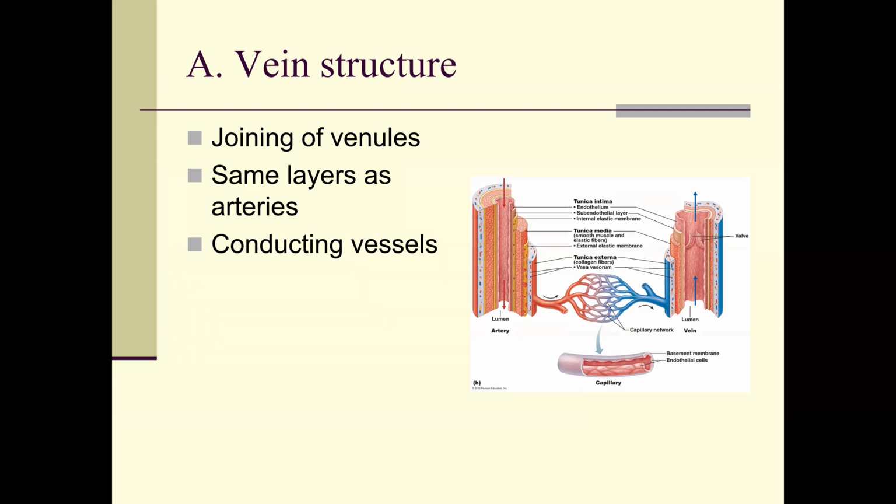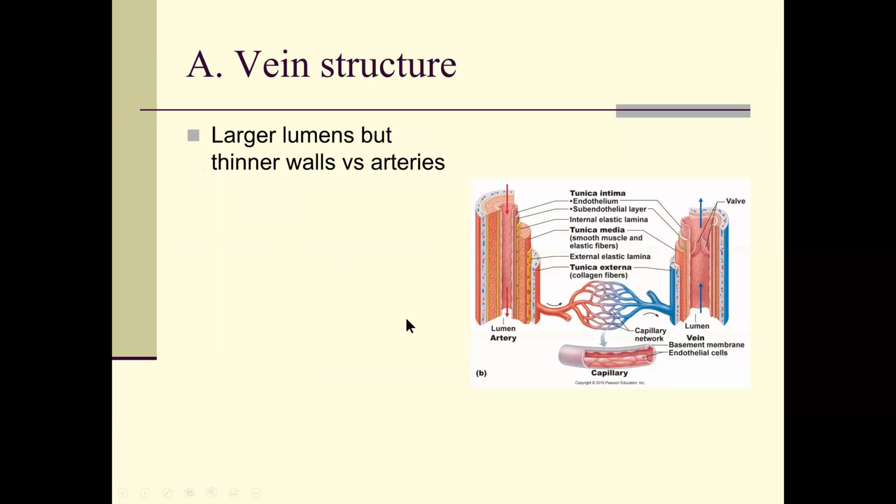Now we're back to the veins, and they are conducting vessels too. We had elastic arteries, muscular arteries, conducting arteries. Now we've got conducting vessels too. These are conducting blood back to the heart. That's the whole purpose of these. This is the system of conducting blood back to the heart.